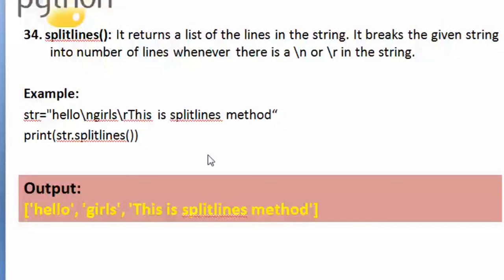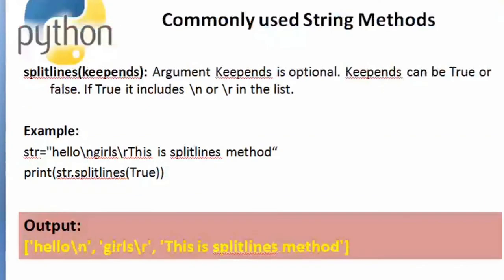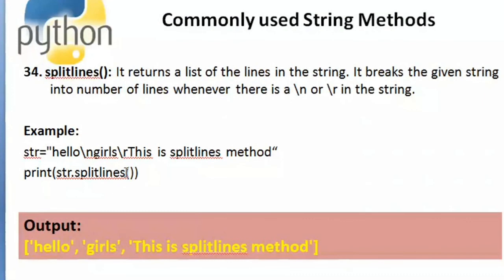This splitlines has one argument, which is keepends. This keepends can take true or false. The argument keepends is optional. In the previous case I showed it as optional and didn't give anything; just remember the previous slide. Now I'll be mentioning whether it is true or false.